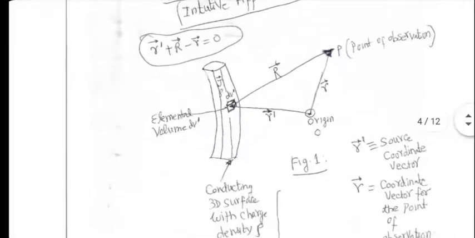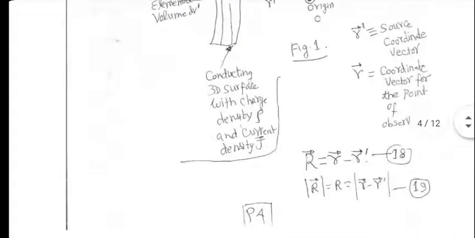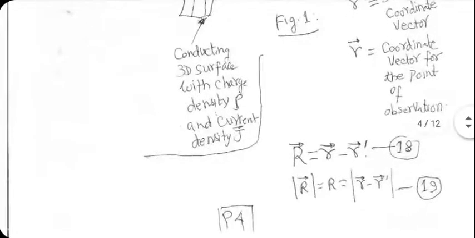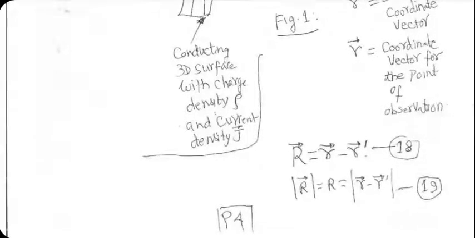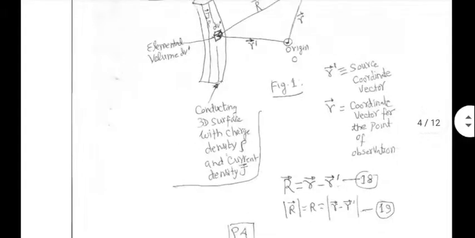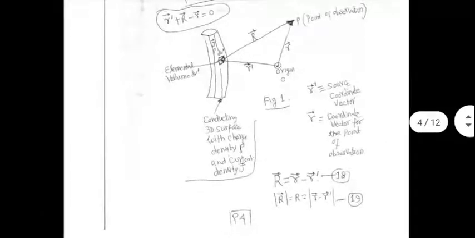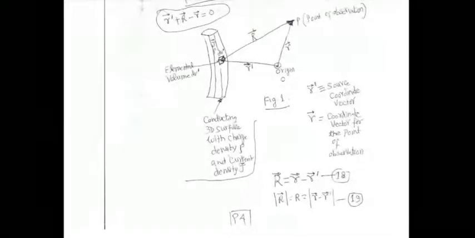So essentially, capital R is small r minus small r prime. If you take magnitudes on both sides, capital R's magnitude is the magnitude of r vector minus r prime vector. These are the definitions for the formulas that are about to follow.